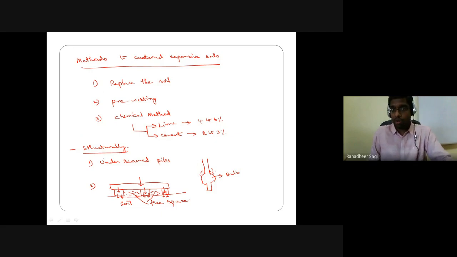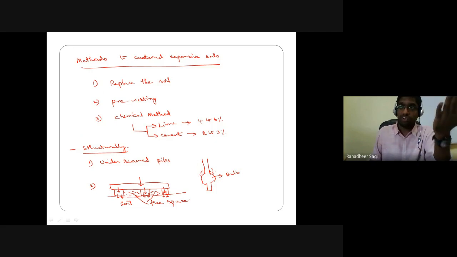So whatever amount of pressure gets transferred from your beam onto the soil, I repeat, from the foundation onto the soil, let's say the amount of pressure you are trying to transfer is sigma.